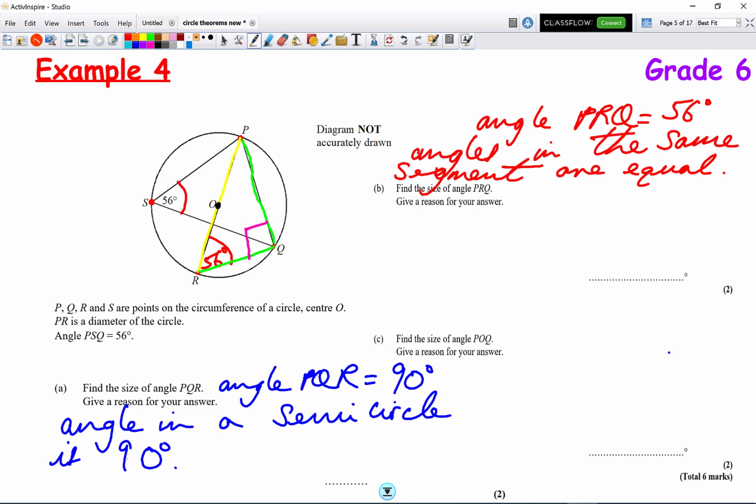And then we want to work out the size of angle POQ. At the moment, it's not that obvious where POQ is. But we can form that quite easily by drawing another radius here. If I draw in OQ, then what I get is an arrowhead like this, which I've outlined in purple.